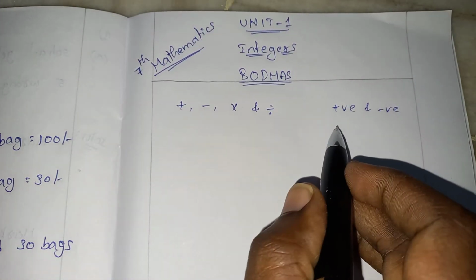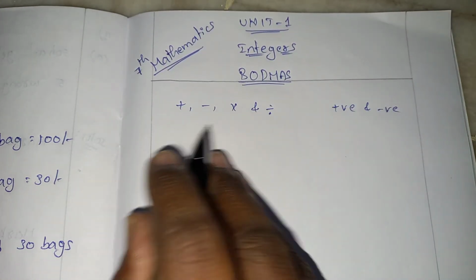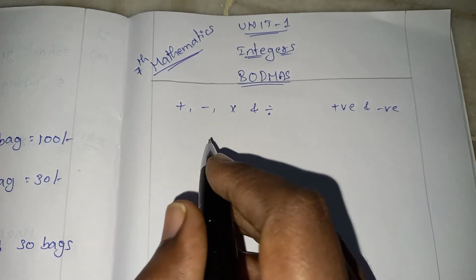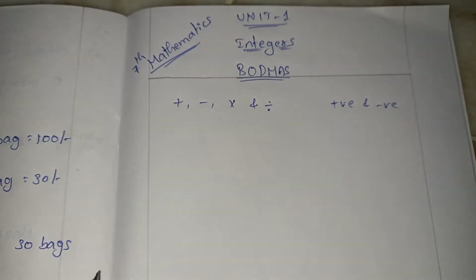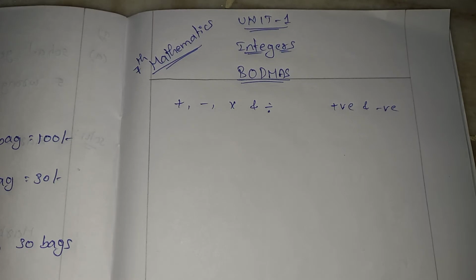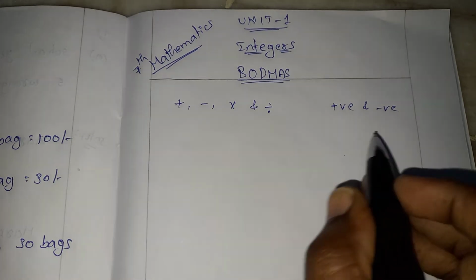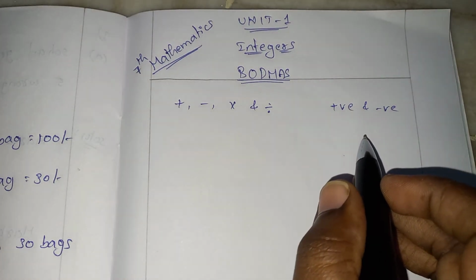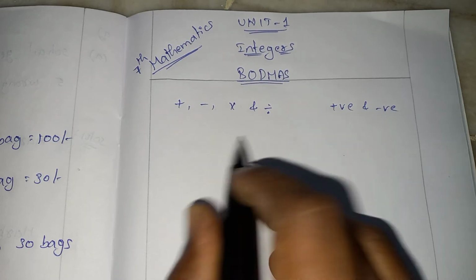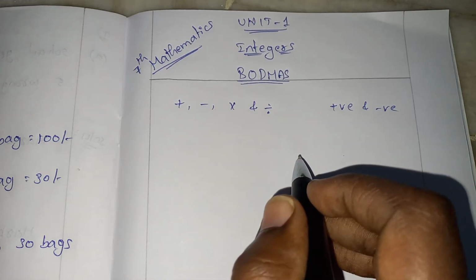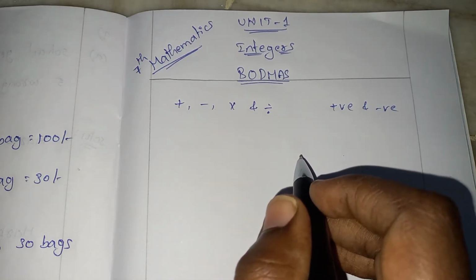If we take only positive numbers, we need not worry about any sign of the result. But whenever the negative takes place, from that time onwards, our journey of learning different types of signs will start, how the result will get the sign.